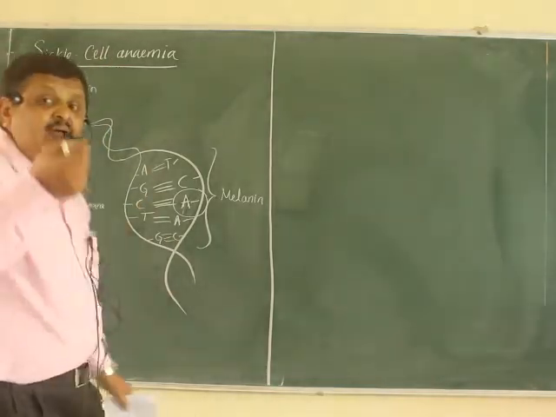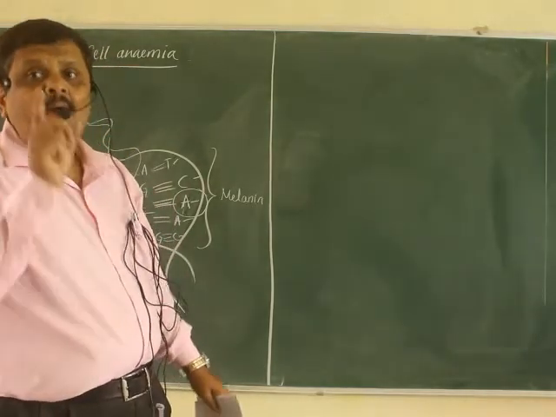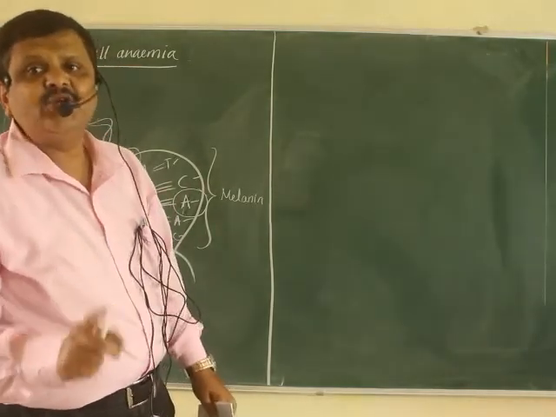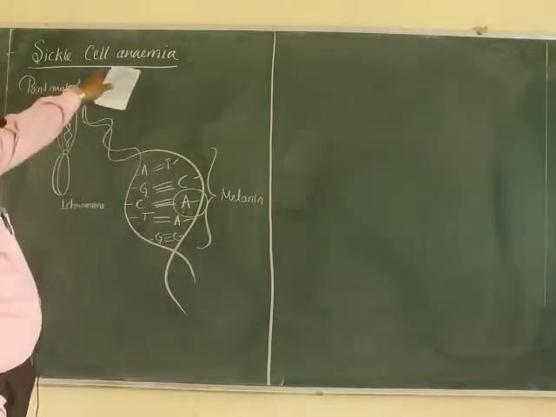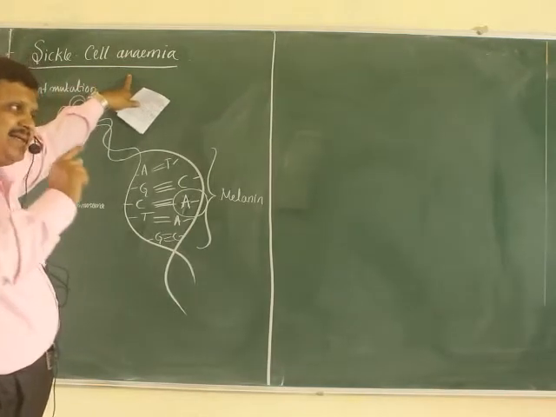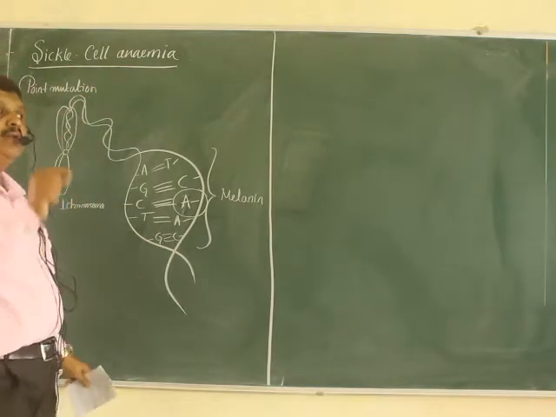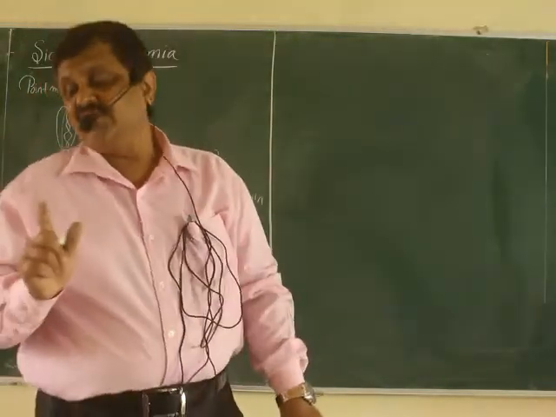If there is a change in one base pair, then such a type of mutation is called point mutation. Sickle cell anemia is such a type of disease. This disease arises due to the change in one nitrogen base sequence.